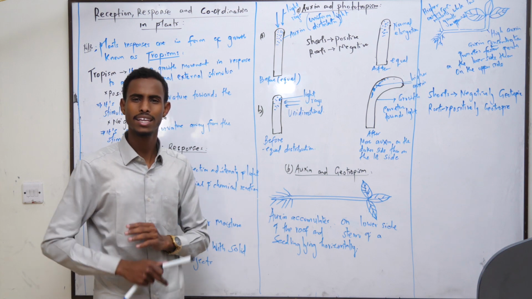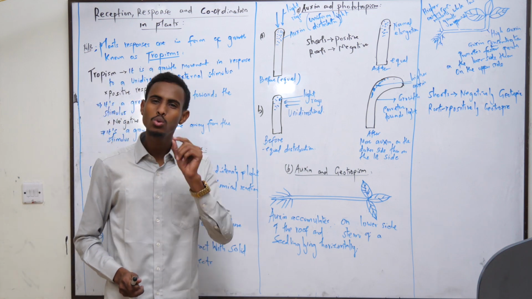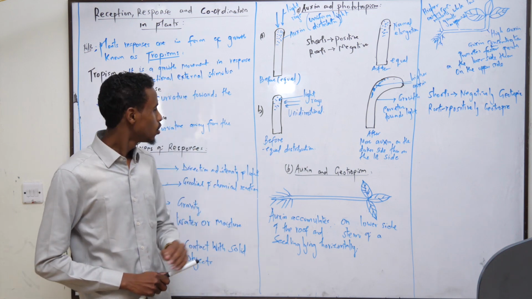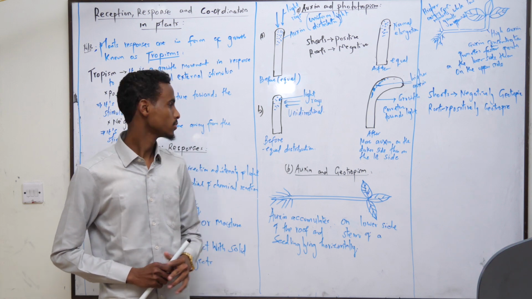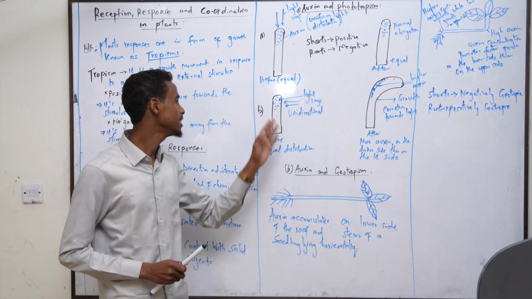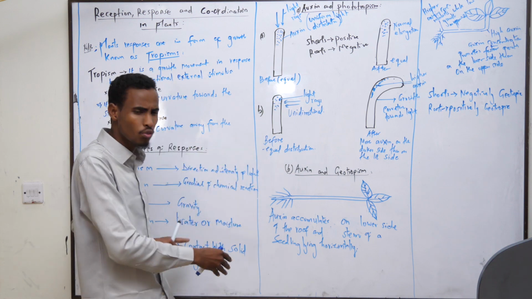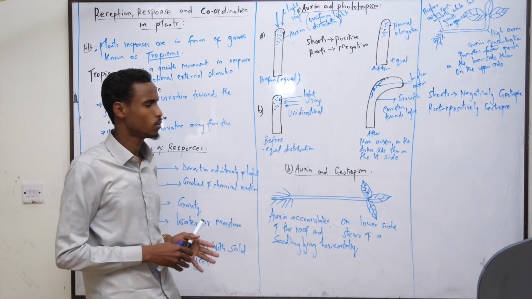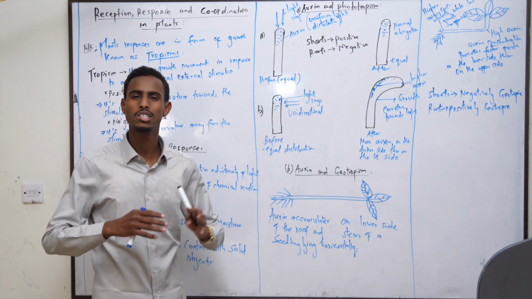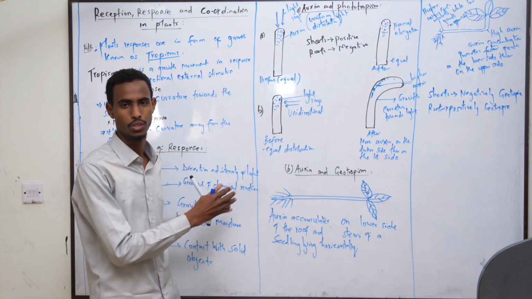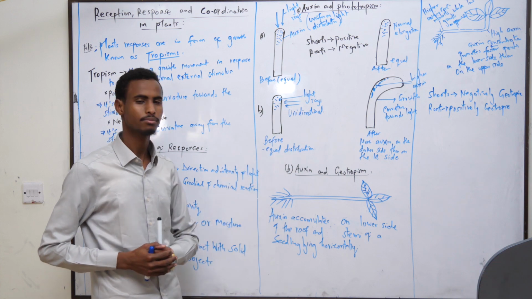Let's look at another view where we subject the light unidirectionally. Look at this. This is our shoot apex, and this is the distribution of auxin. At the start of the experiment, or before, we can see that the auxin distribution is equal at the apex of the shoot. Very clear.